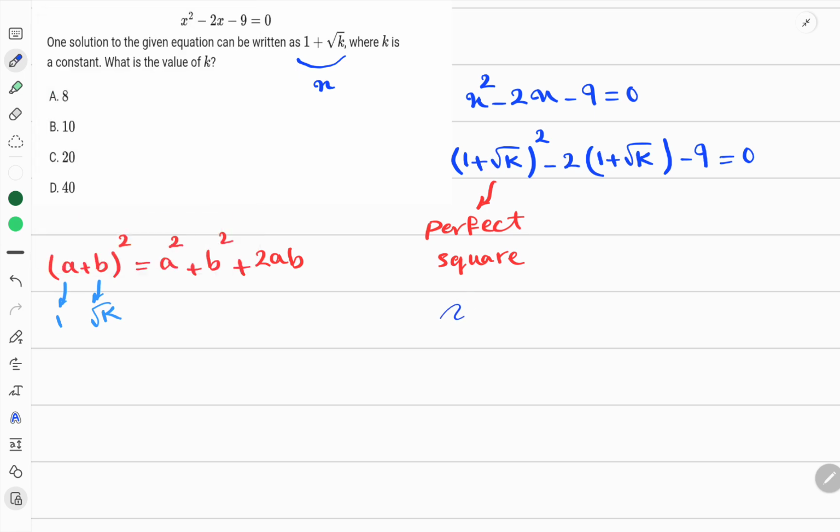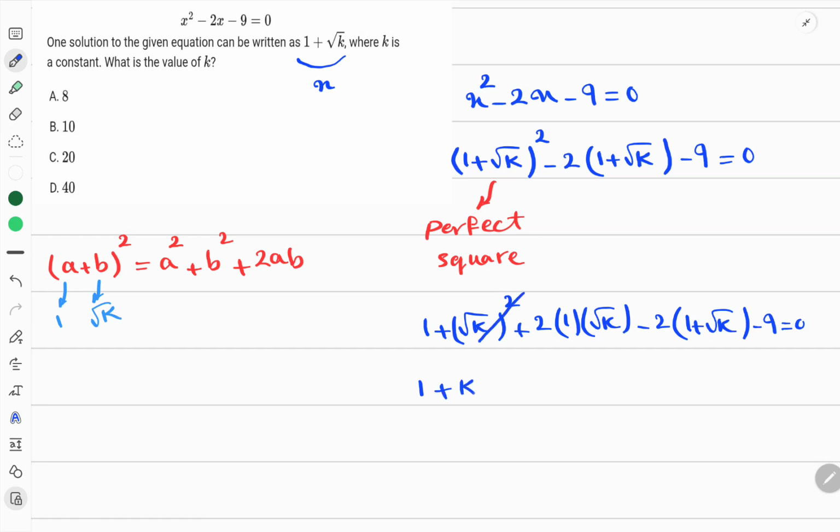So 1 squared is 1, the square root of k squared plus 2 times 1 times the square root of k, minus 2 times (1 plus the square root of k), minus 9 is 0. The square root of k squared is k. 2 times 1 times the square root of k is 2 times the square root of k.